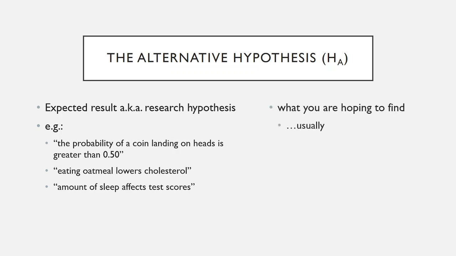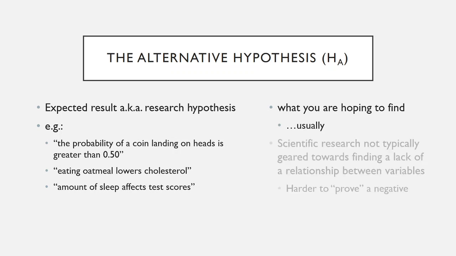You should typically think of your alternative hypothesis as the relationship between variables that you are hoping to find. The reason is because you don't typically want to go about searching for a lack of a relationship between variables. It's logically harder to prove a negative. If you're familiar with the phrase, absence of evidence is not evidence of absence.